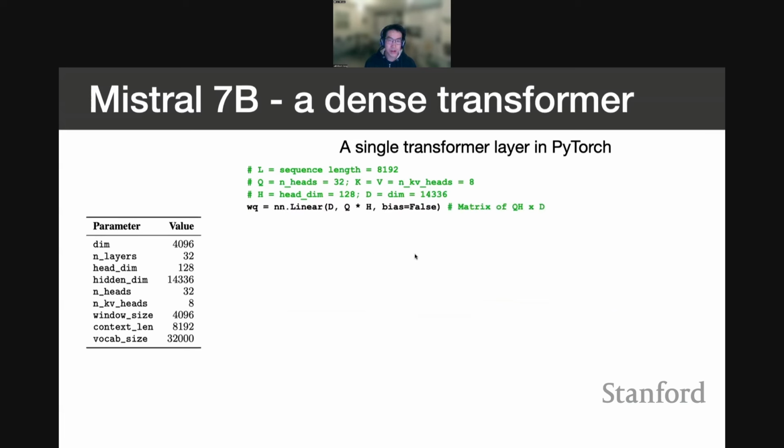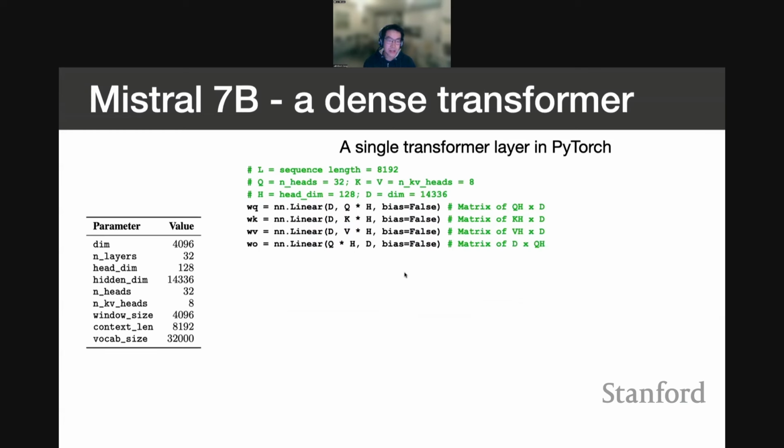In order to write a single transformer layer, first you initialize your query, key, and value matrices. Here I wrote down their dimensions, and notice that we don't use bias, so there's no bias in any of these matrices. We also write down our output matrix.